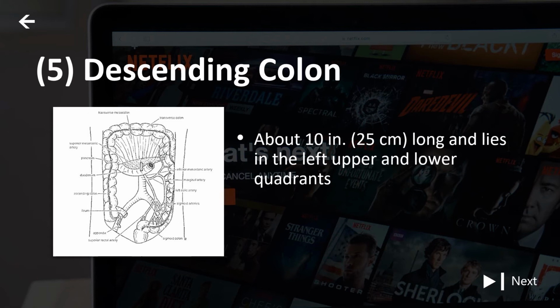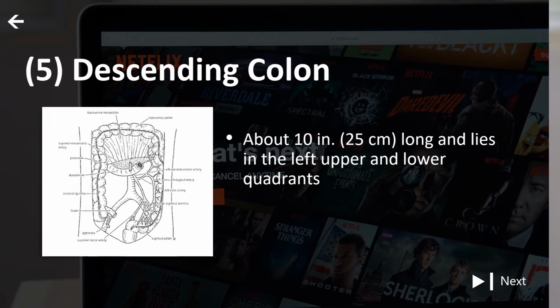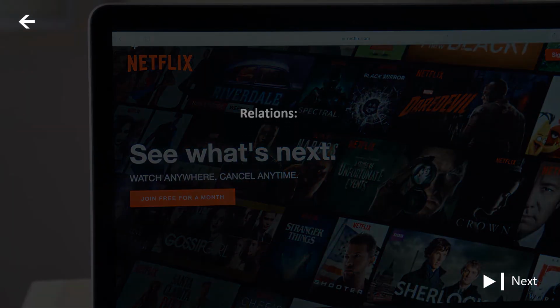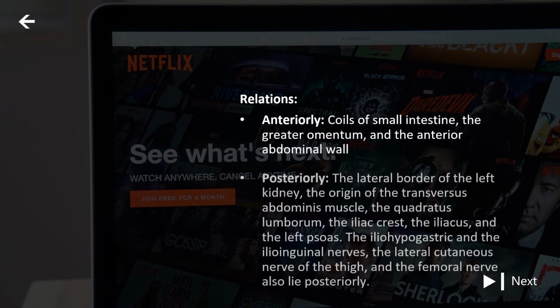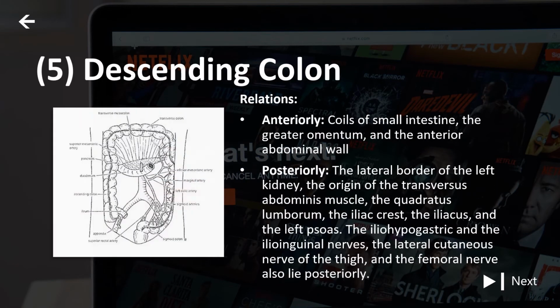The peritoneum covers the front and the sides and binds it to the posterior abdominal wall. So here's the relations of the descending colon anteriorly and posteriorly.